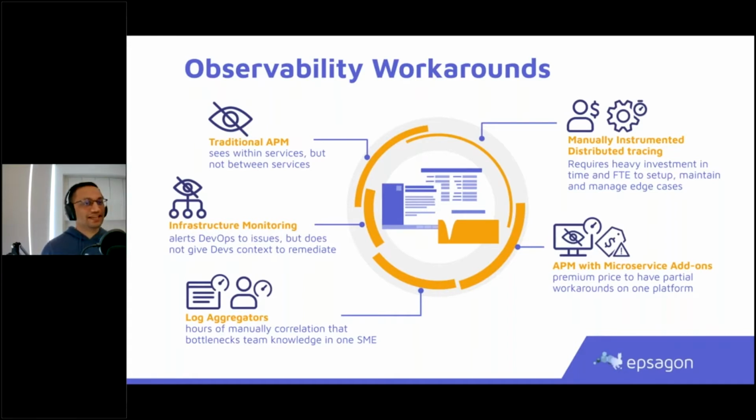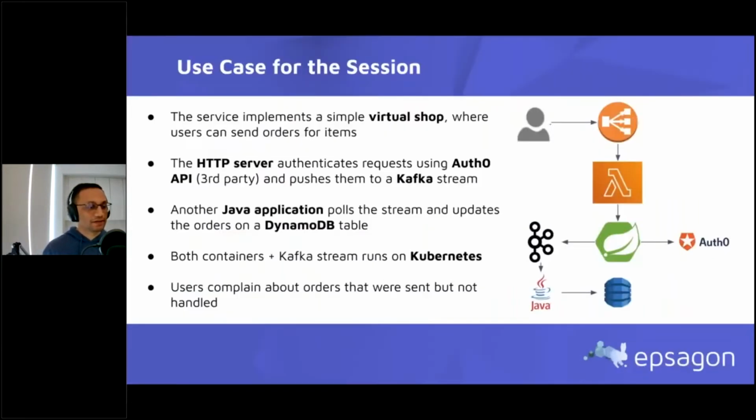Traditional APMs were also focused on infrastructure monitoring, but application monitoring has gained a lot of importance over the last five to six years. And finally, even if you have log aggregators, logs don't really work as a starting point in troubleshooting the microservices world. Why? We'll see that with an example.